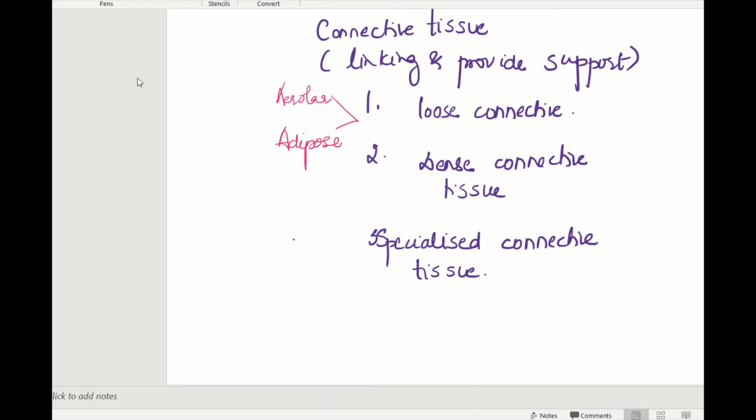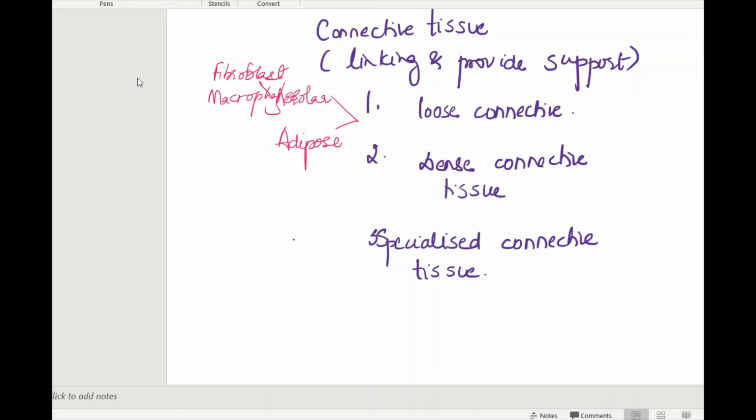In areolar connective tissue, what all does it have? It has the fibroblasts which secrete the fibers. It has the macrophages which are phagocytic in function.